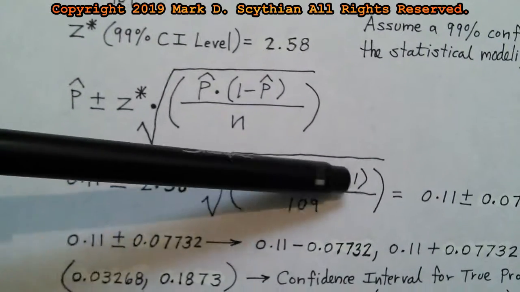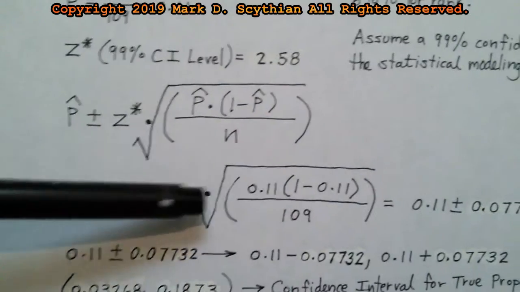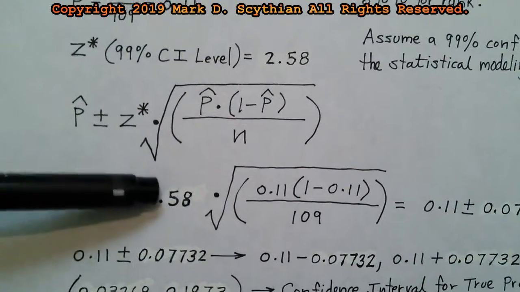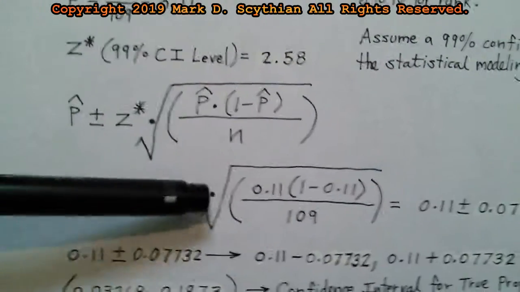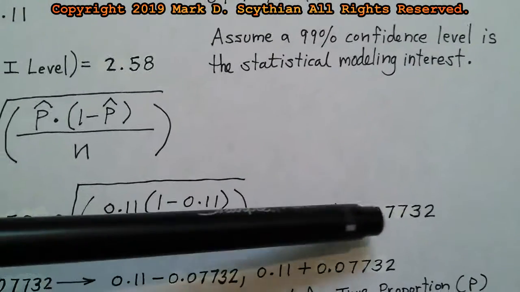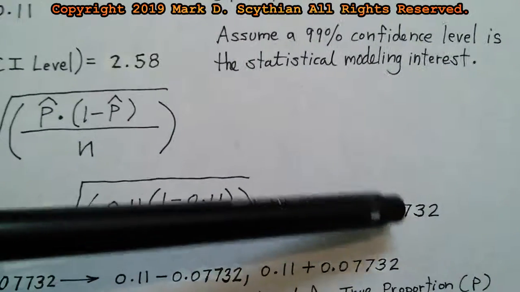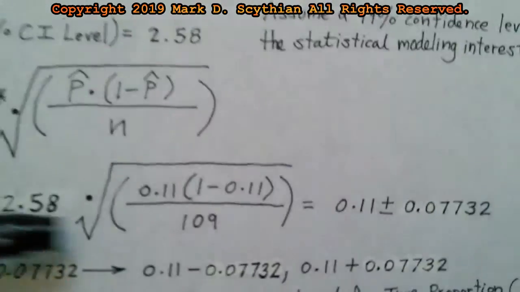Once you multiply these two out, divide by the number of samples, get the square root of that, times 2.58, which is the critical value, the z-star, you will get 0.11 plus or minus 0.07732.